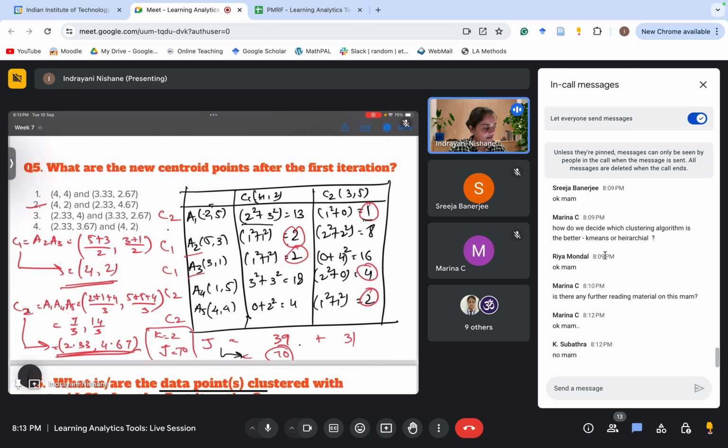Here I have highlighted which is minimum and why it is getting assigned to which centroid.